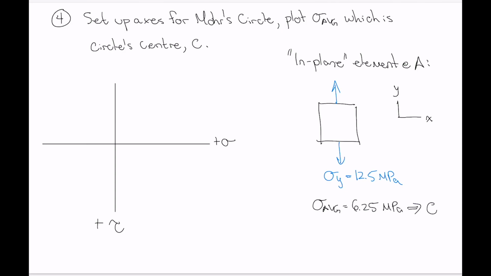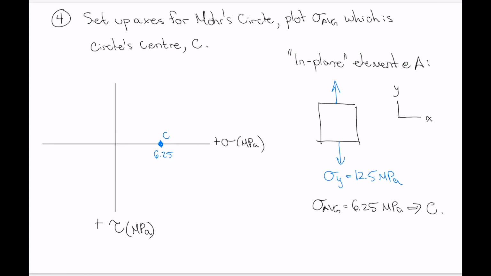And that gets labeled point C, the center of our circle. So let's plot that. That's a positive 6.25, so that's maybe somewhere on our axis right here. We're doing this in megapascals on both axes. Okay, so we put a dot right there, and that's the center of our Mohr's circle. Now, the center of your circle is always going to lie on the horizontal axis.